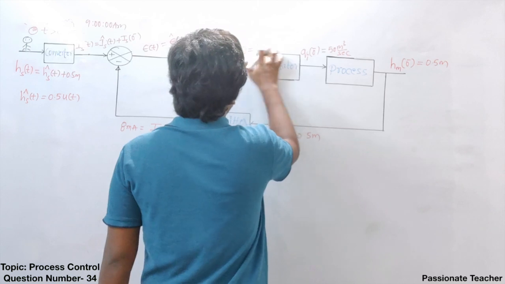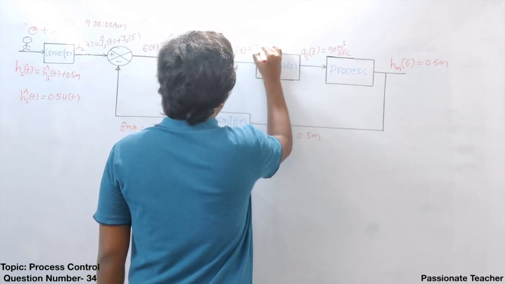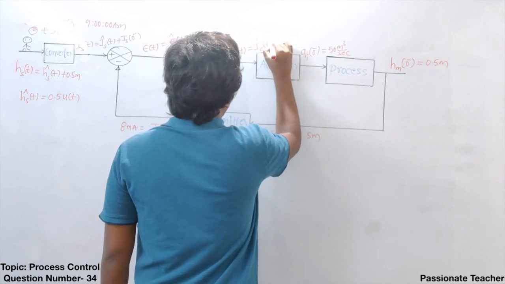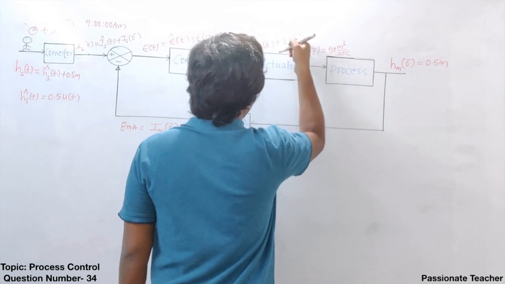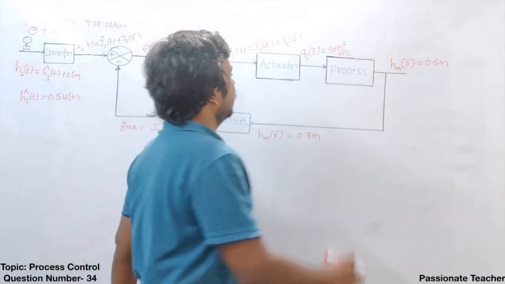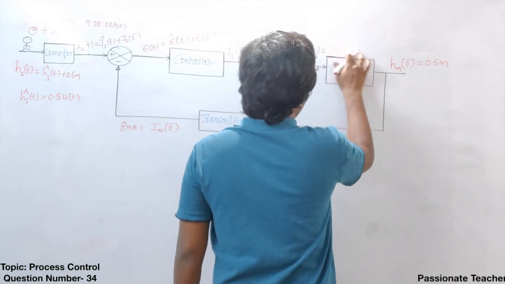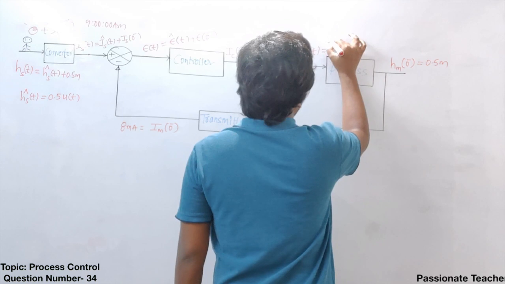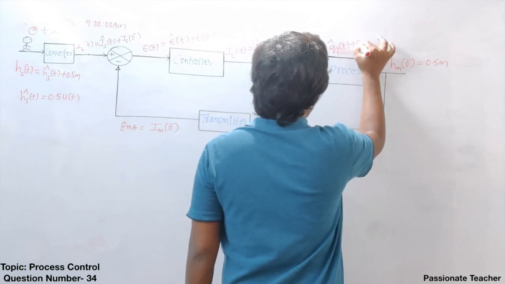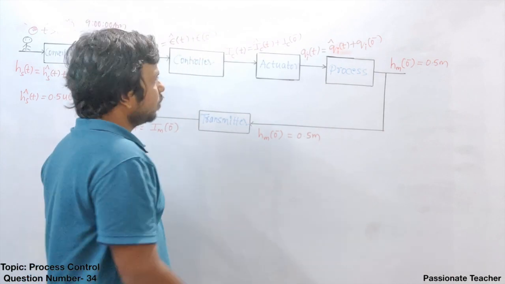Now when it comes to Ic of t, the controller current will be Ic cap of t plus Ic of 0 minus, that is the offset. Now Qin of t can be written as, there should be some deviation in the flow rate also because the set point is varied, Q cap of t plus the initial flow rate, that is Qa of 0 minus. This is the way the variables will change.